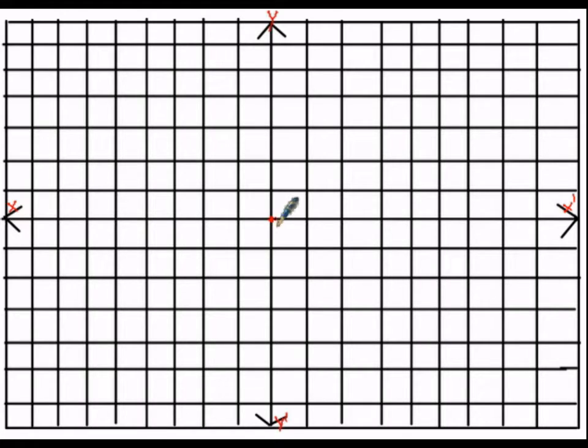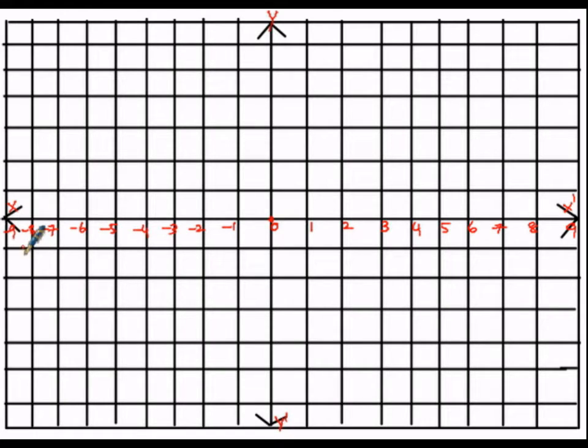Let us take it as 0, then this has positive 1, 2, 3, 4, 5, 6, 7, 8, and as well as 9 here. Towards the left hand side, this will be -1, -2, -3, -4, -5, -6, -7, -8, and this is -9.